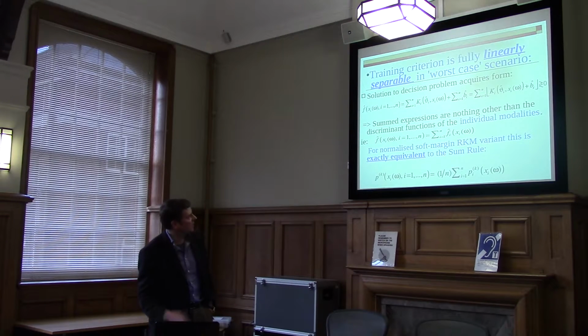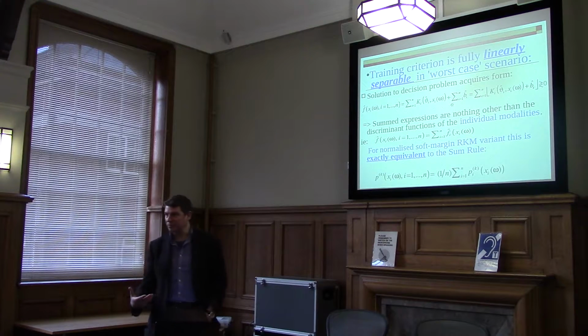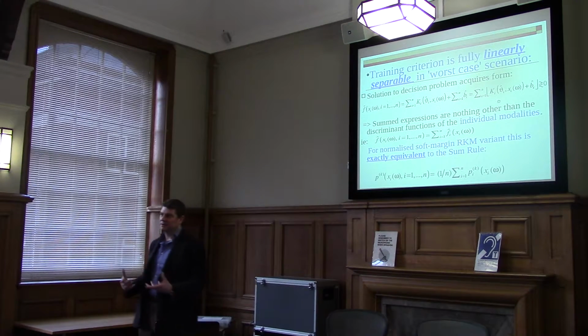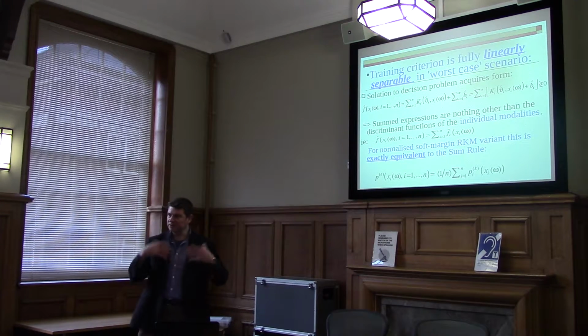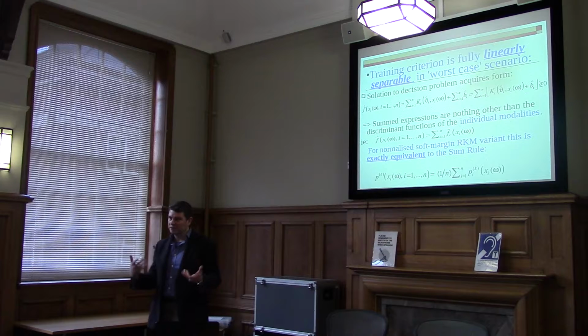So basically what happens when you actually solve the problem, you find that your decision hyperplane becomes linearly separable. So in other words, using neutral point substitution, you can go through the whole composite optimization problem, and what you end up with is equivalent to decision fusion.